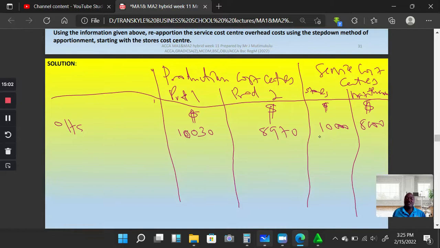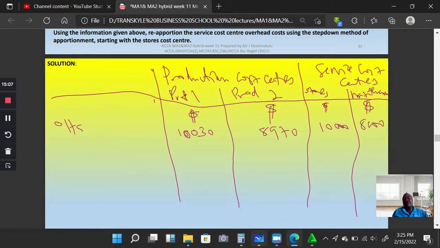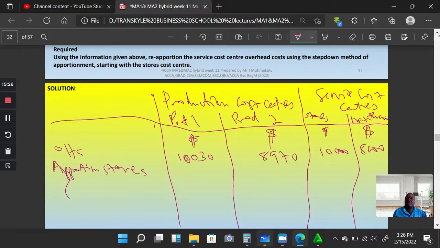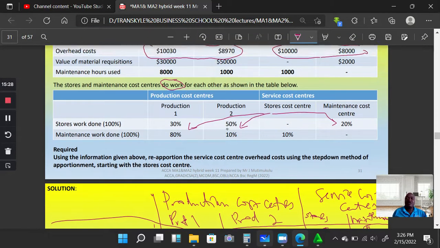To share the 10,000, we have to follow a systematic approach. Remember, by the end of the day, it should be systematic. That's apportionment of stores. But using what percentages? The percentages are given in the question on the second table. The stores is given 30%, 50%, and 20% of its services to these cost centers.